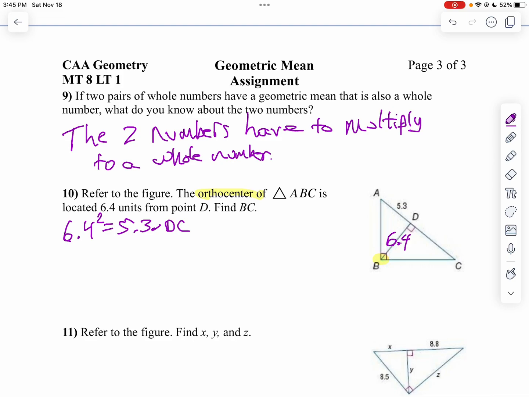So in other words, if I square 6.4, so I'll go 6.4 squared equals 40.96 equals 5.3 times DC. So I'll divide both sides by 5.3.